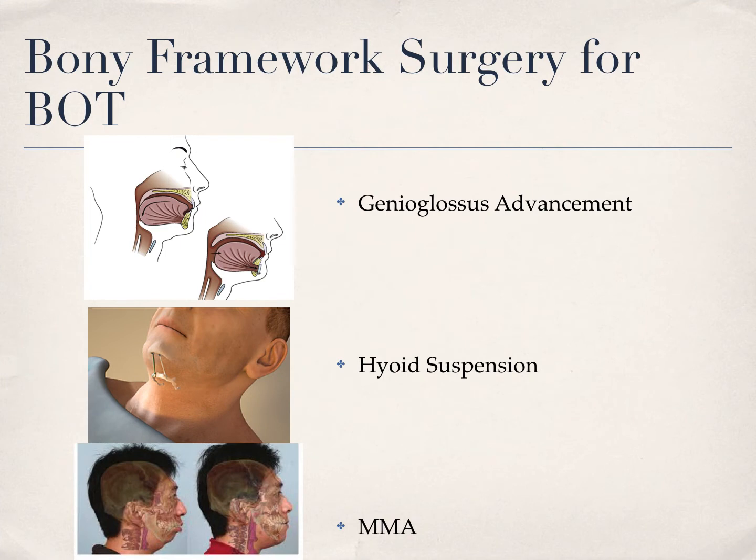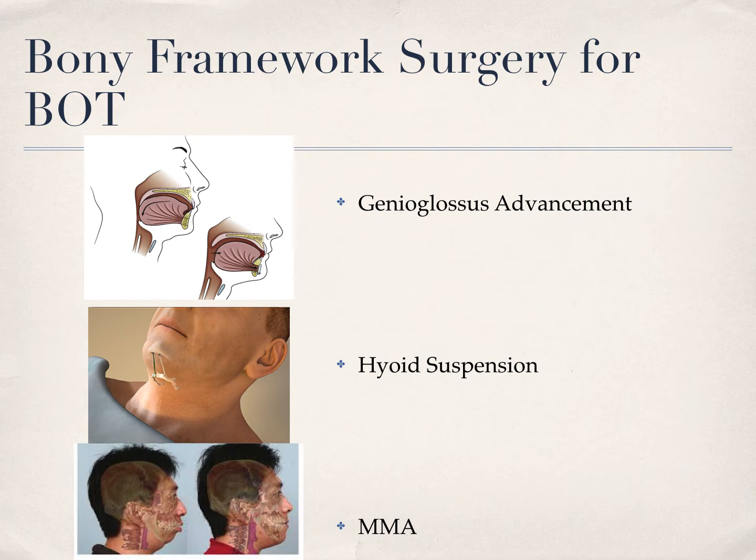The first thing to realize is that surgery has come a long way over the last 25 to 30 years. However, surgery does not remain a simple option for sleep apnea. The surgery can be divided into bony framework surgery, where you either bring the jaw forward or the hyoid bone forward, where the tongue is attached.